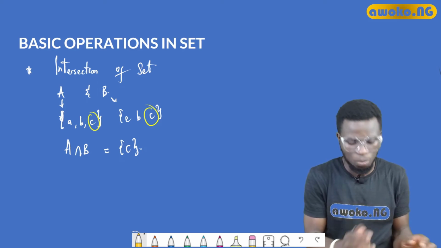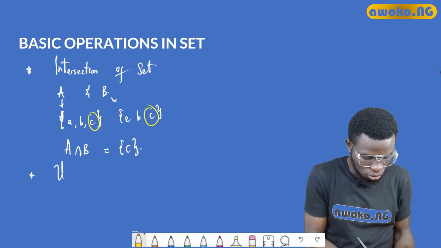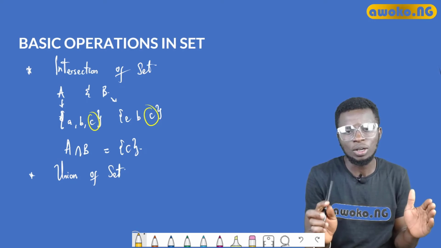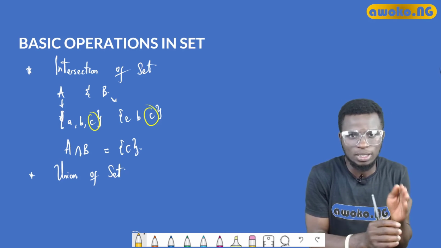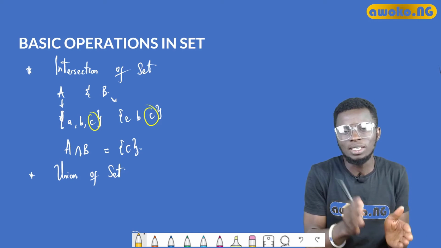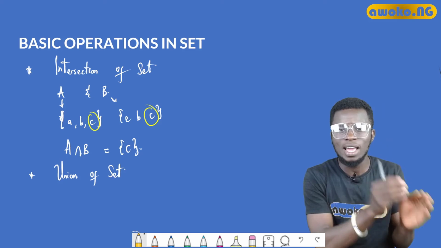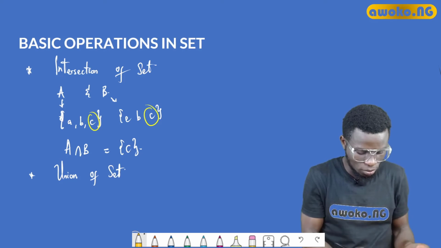So I will consider another operation, which is the union of sets. The union of sets is simply the combination of the elements in one set and the elements in the other set. Let us still consider set A and set B above.